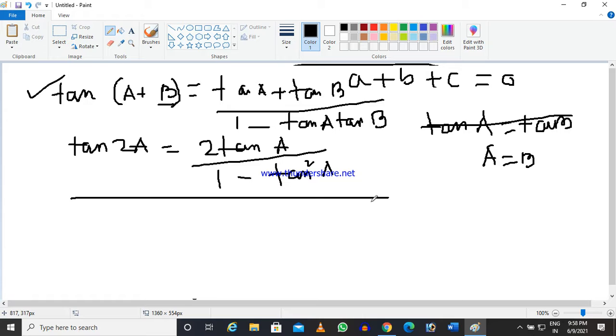Okay, so these two things will be needed.